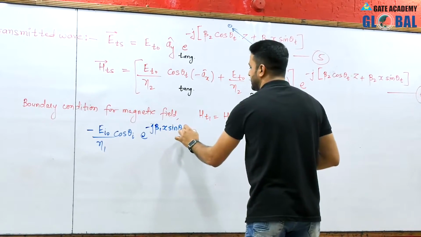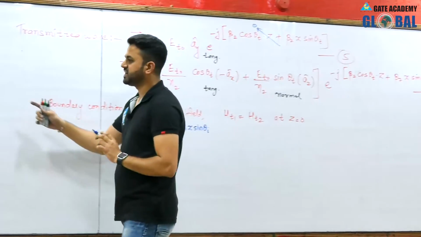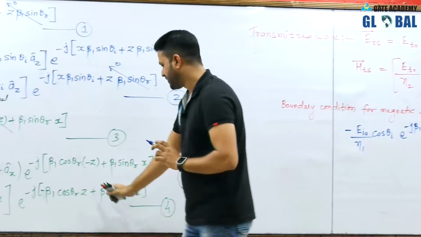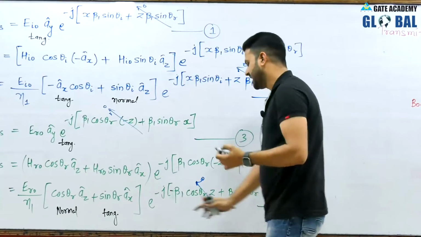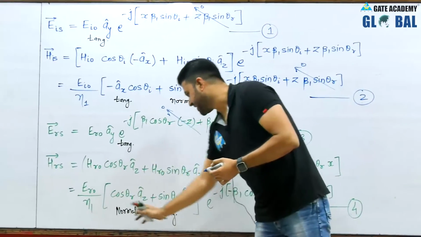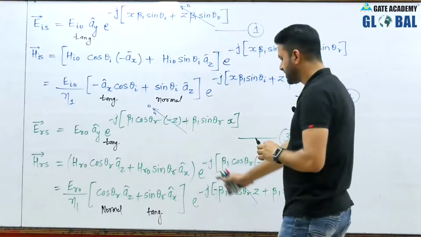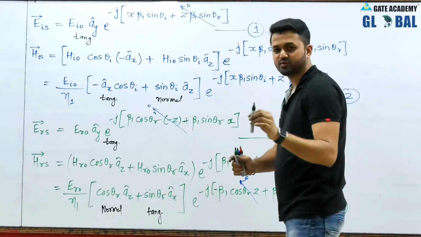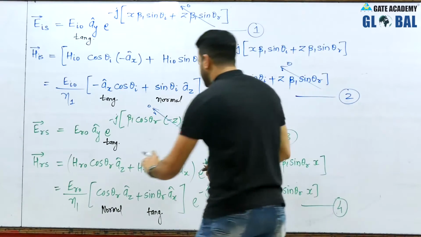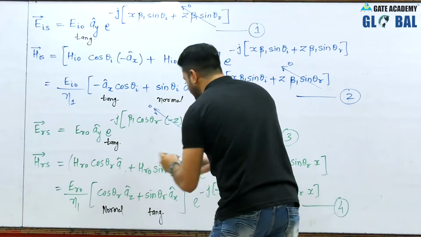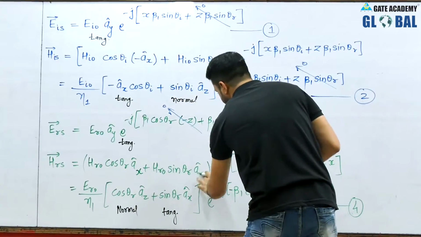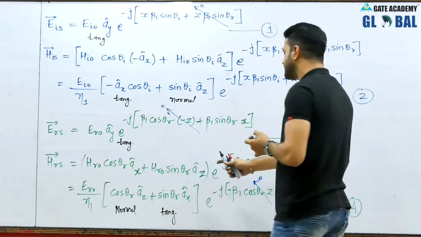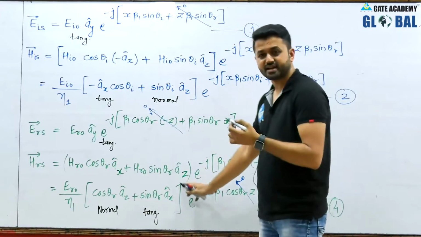Now the tangential component of this from equation number 4, so at z equal to 0 this term will be 0, and the tangential component is ER0 divided by eta 1 sin theta r. Here there is one mistake that you can correct. This cos component was in x direction and the sin component was in z direction. I have made a mistake, and you can correct it.